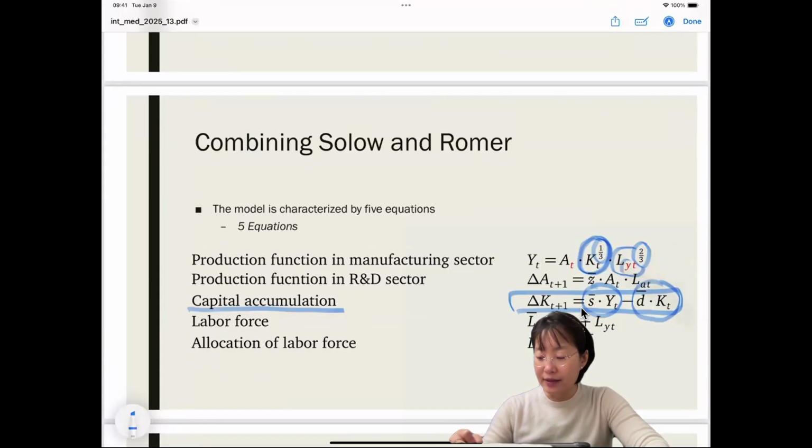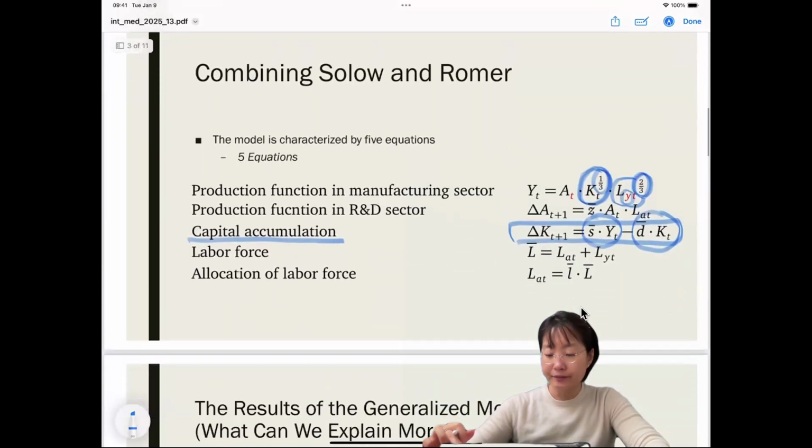So it has this Y subscript, the workers in the manufacturing sector. But anyway, the exponent of that would be 2/3. Okay.